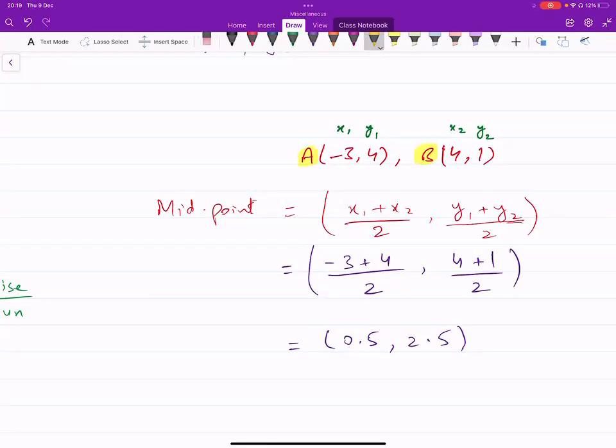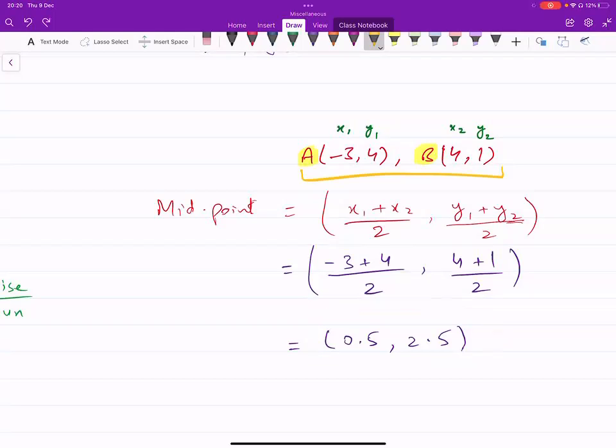For example, the midpoint of these A and B points, if you use this formula, x1 की जगह -3 input कर दिया, x2 की जगह 4 input कर दिया, and similarly y1 y2 are replaced by 4 and 1. You input those values, you get this point 0.5 and 2.5.